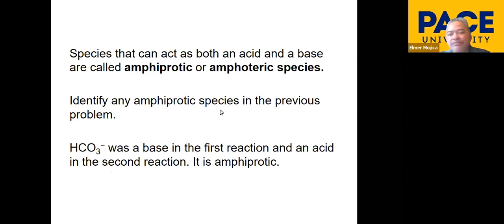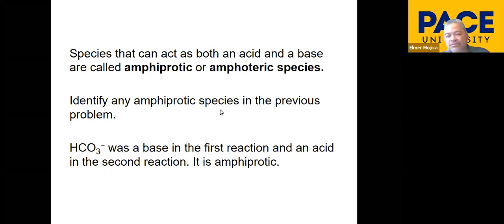And then we also have the Bronsted-Lowry definition of acids and bases, wherein a Bronsted-Lowry acid is one that donates hydrogen, while a Bronsted-Lowry base is one that accepts the hydrogen or proton. If one loses a hydrogen, the resulting product is its conjugate base.